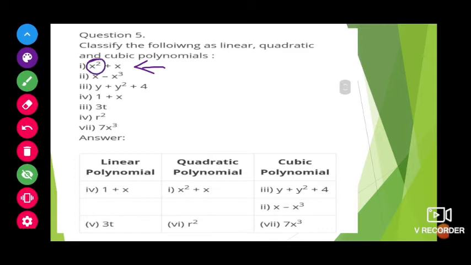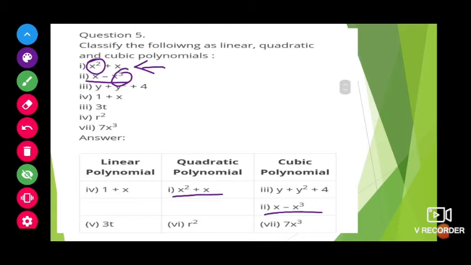If 2 is the maximum degree, it's a quadratic polynomial. So we will write under quadratic polynomial. Next one, x minus x cube. So the maximum degree is 3. So maximum degree is 3 means what is this? Cubic polynomial. Cubic polynomial means we will write under cubic here.